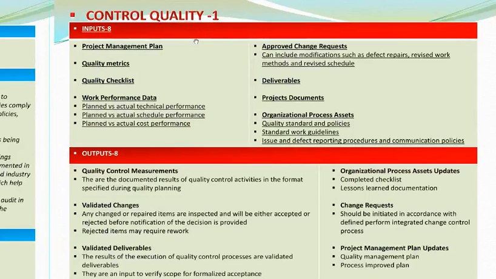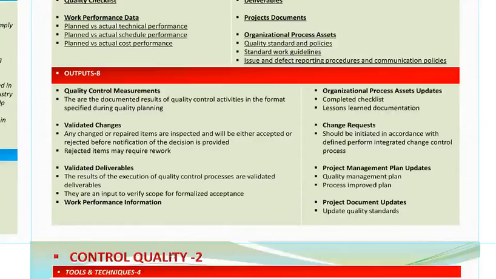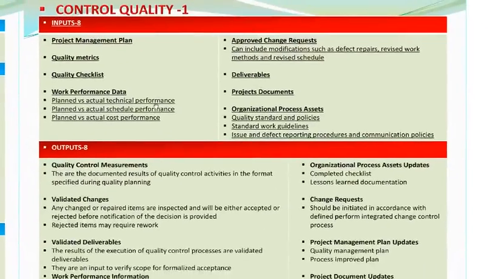Now we have a lot of tools and techniques over here which we use to control the quality. First, we look into the 8 inputs. Then we have 4 tools and techniques and the 8 outputs.